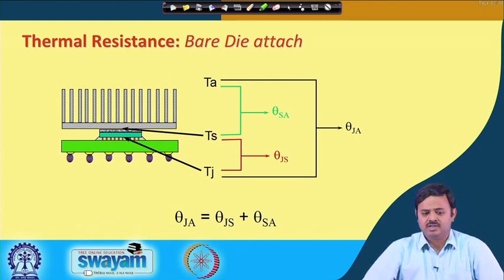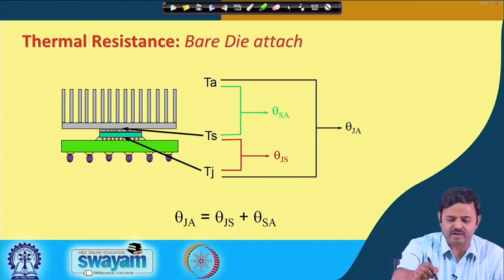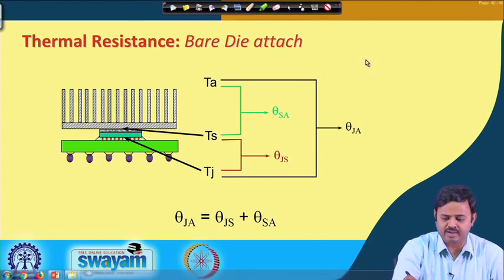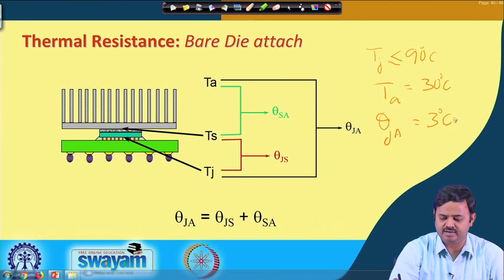All right. So, what I am trying to say is, let us say you are given a problem where you are told that Tj must be less than or equal to 90 degrees C, T ambient is 30 degrees C and theta JA is 3 degrees C per watt.